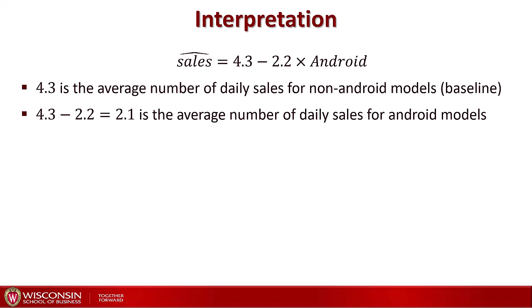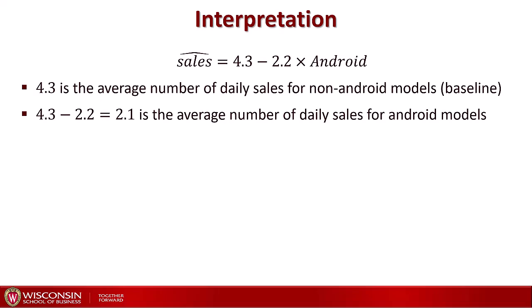In that case, the intercept is the average number of daily sales for the reference group, for the baseline, so for our non-Android models. Then the coefficient minus 2.2 for Android is relative to that baseline. So 4.3 minus 2.2, that is 2.1, is the average number of daily sales for Android models.